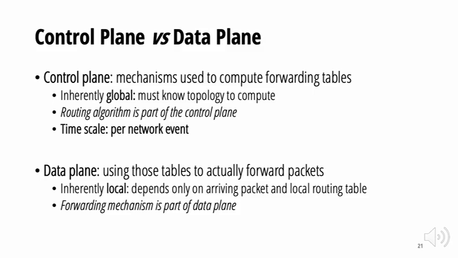Right. So does your home router have a forwarding table? What do you think? So I see a bunch of people nodding. Yes, your home router does have a forwarding table, and your home router has to know how to reach every destination on the internet. That forwarding table, when we get to it, is not going to be a giant forwarding table with an entry for every destination.